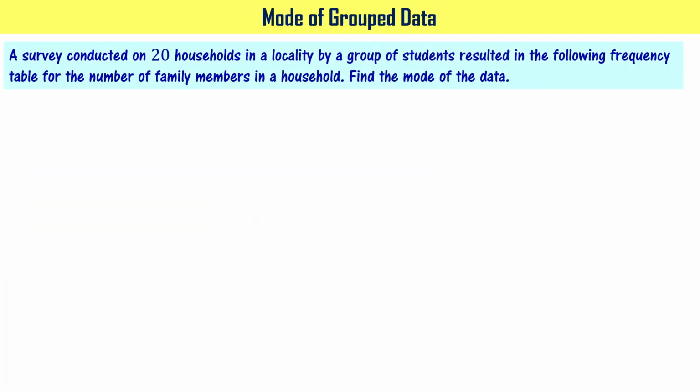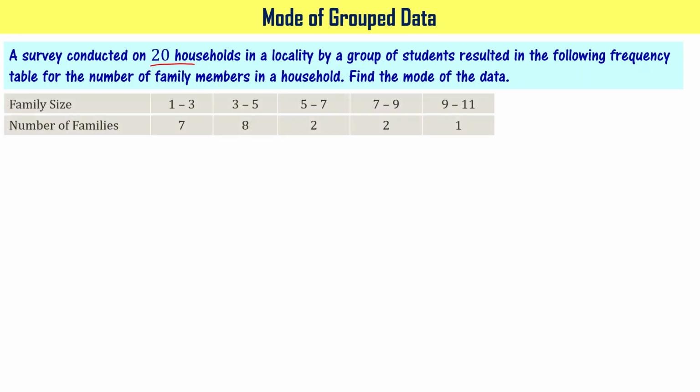A survey conducted on 20 households in a locality by a group of students resulted in the following frequency table. Some students have done a survey of 20 households and they obtained the frequency table as shown here.